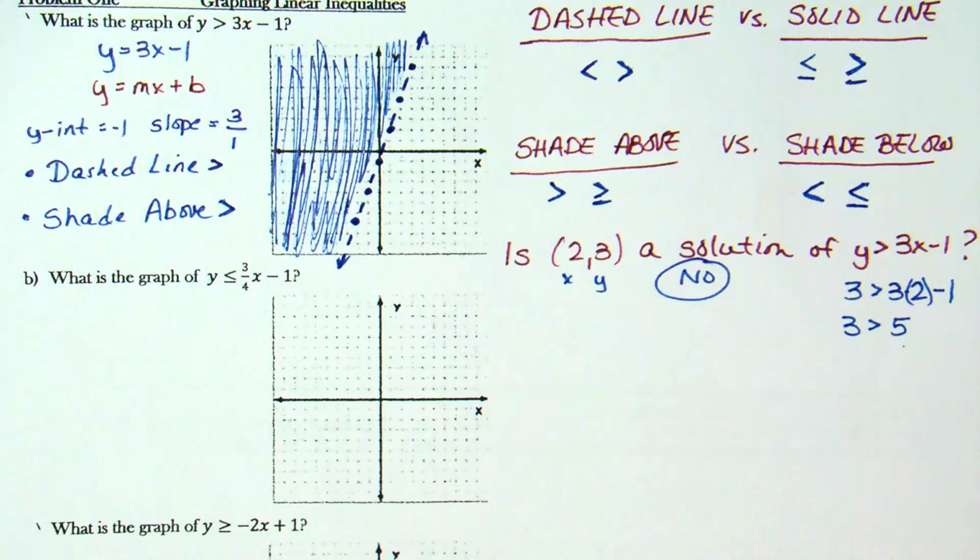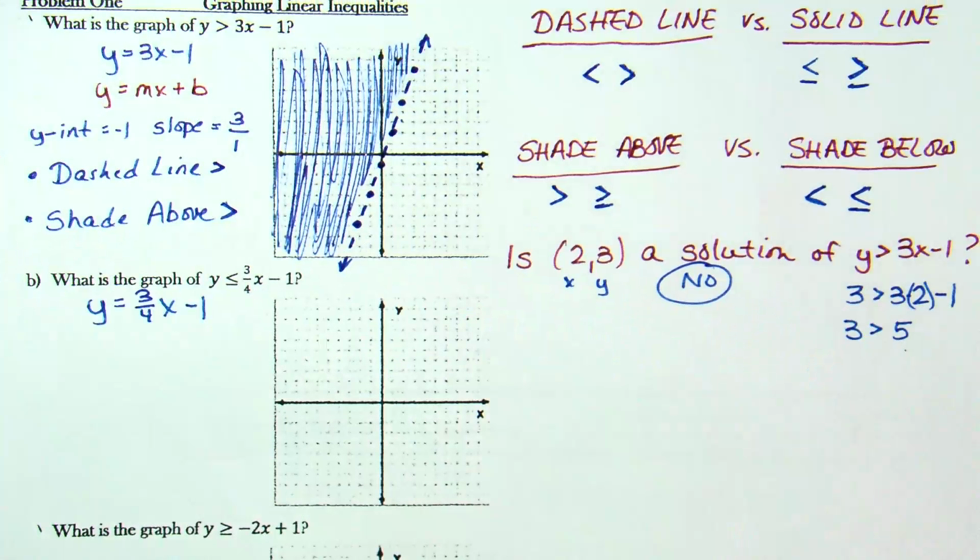How do we graph that line? You guys are already doing it without me, aren't you? That's good. That means you feel confident how to do it. What can you tell me about this line? It has a slope of what? 3/4.